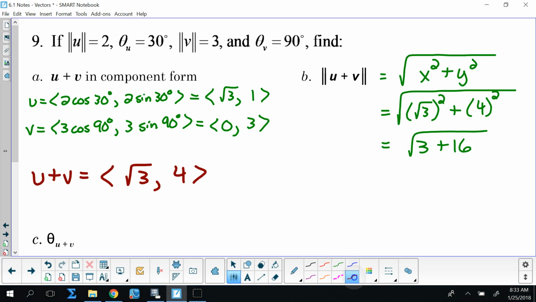So I get the magnitude here is the square root of 19. Concur? Yes? Okay.